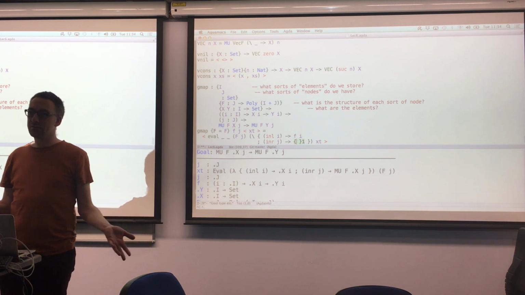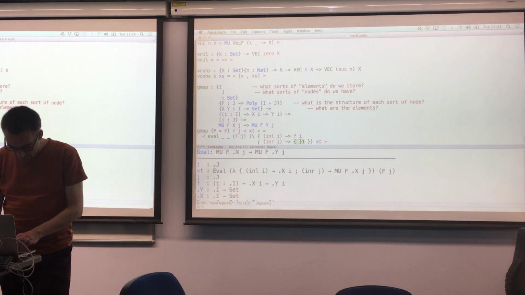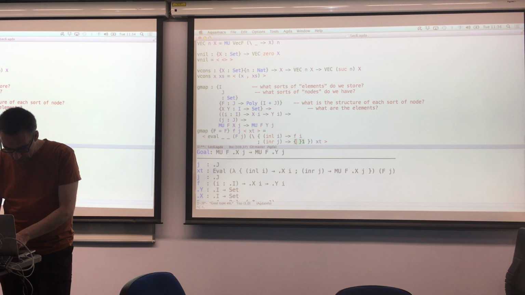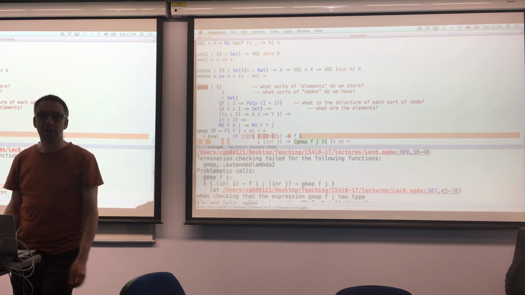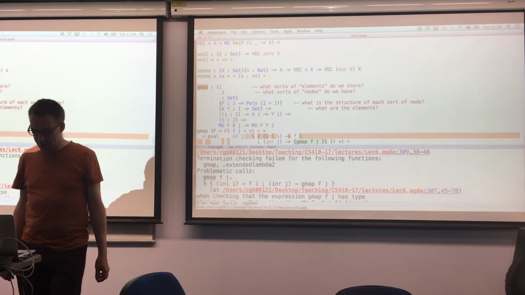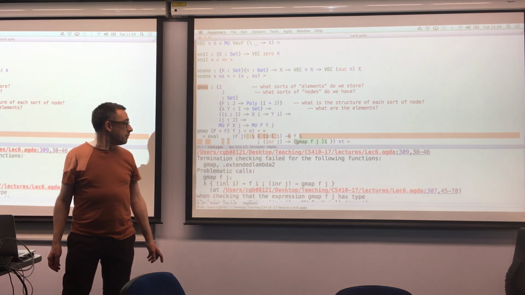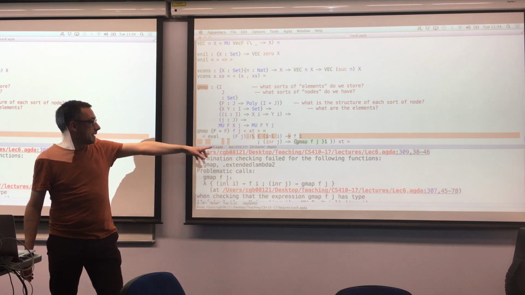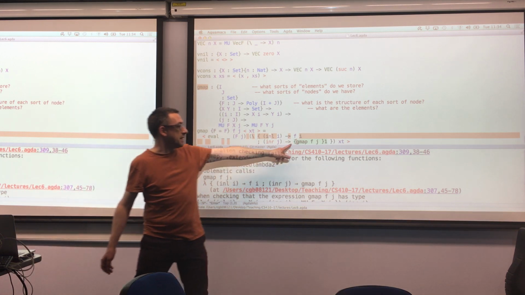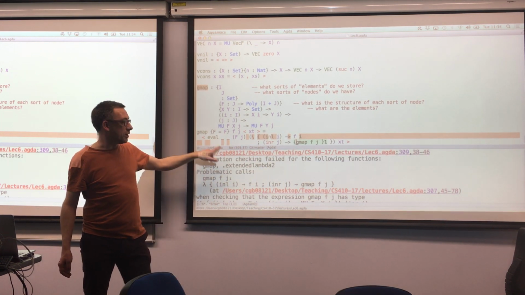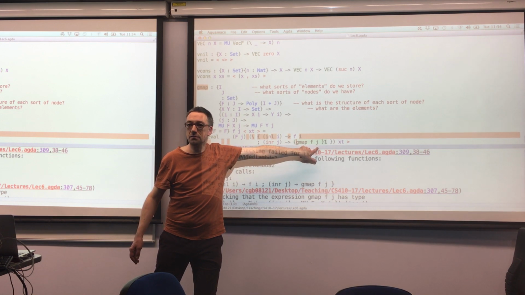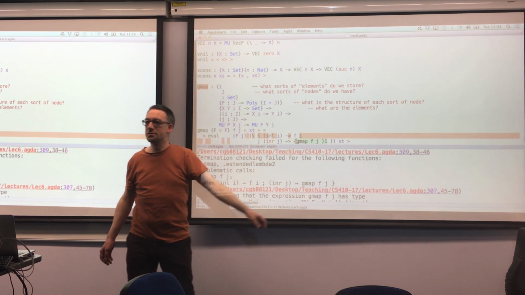We'd like to map recursively. So we hope we can get away with saying gmap fj, and then the termination checker kicks us where we don't enjoy it, because it can't see why this map operator will use our recursive function only on substructures of the original.